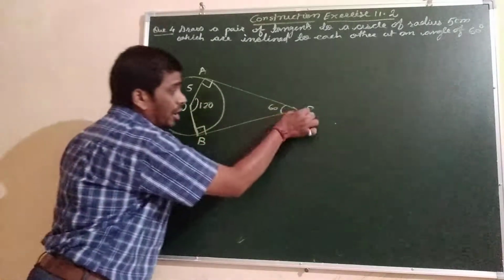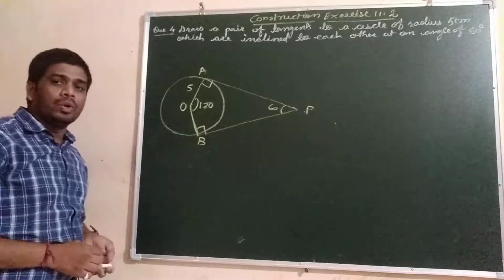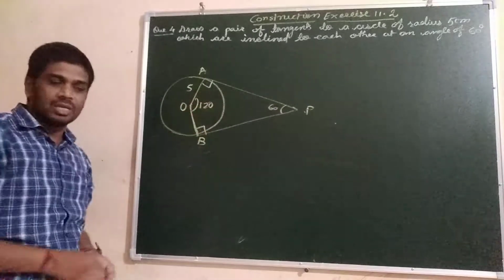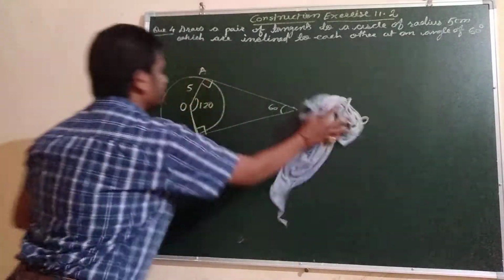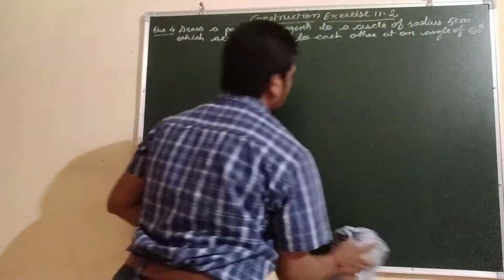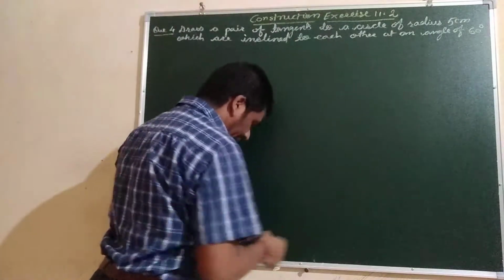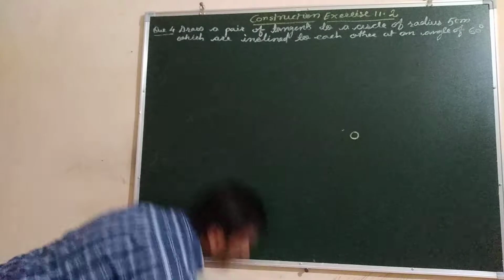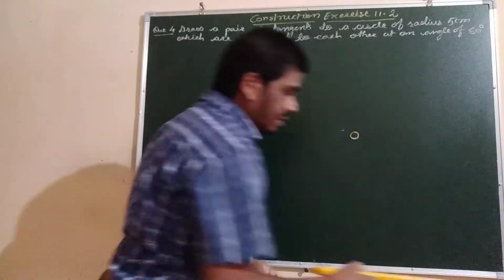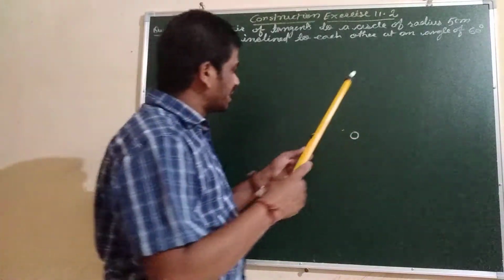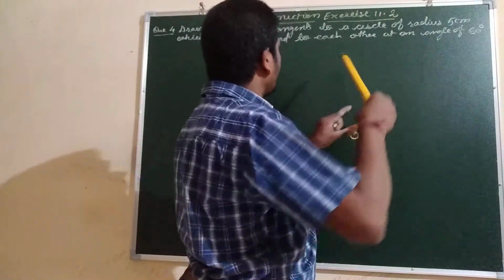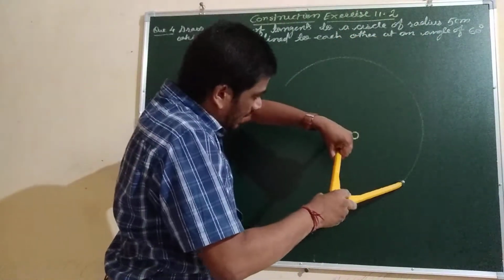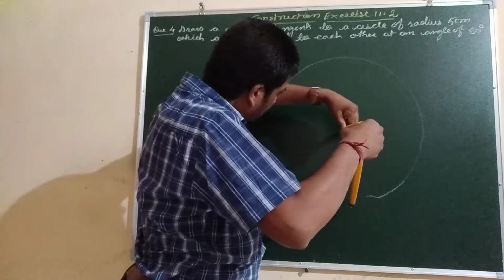But this point is not given. So how will we find this point? Let's learn this through the construction. We will take first center O, and take a 5 centimeter radius in the compass, and we will draw first one circle of radius 5 centimeter.